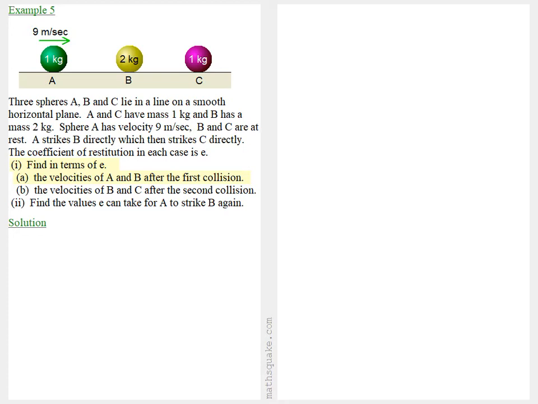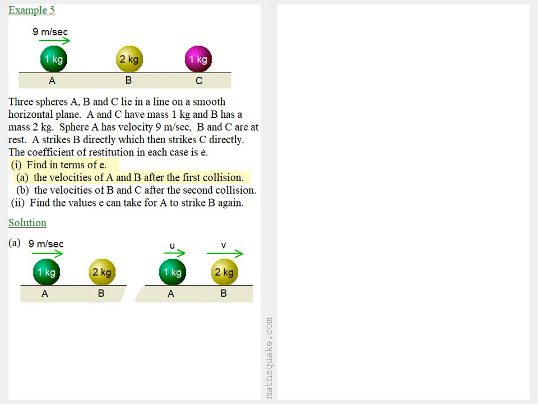Well, to solve this, draw a diagram for before and after the first collision, and let the speeds of A and B after the collision be u and v. Then, from conservation of momentum in the first collision, we have 9 times 1 plus 0 times 2 equals u times 1 plus v times 2, or 9 plus 0 equals u plus 2v, which can be written as u plus 2v equals 9.